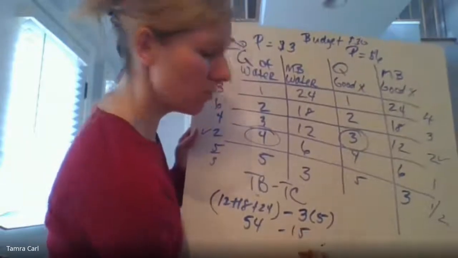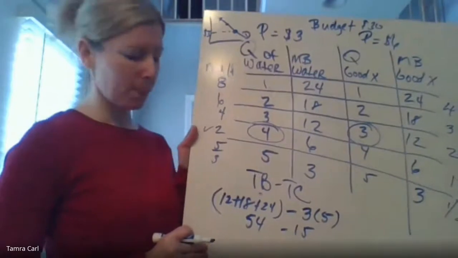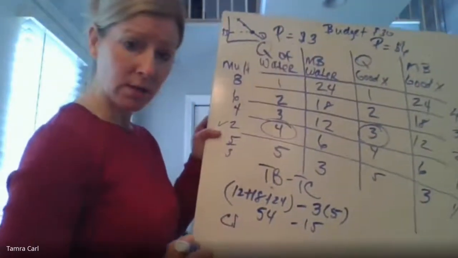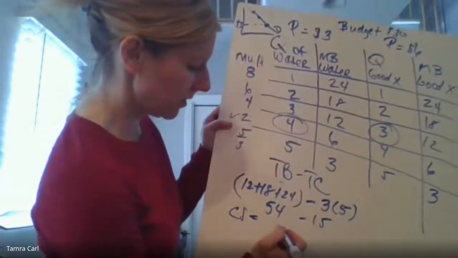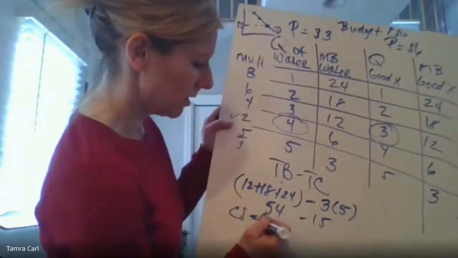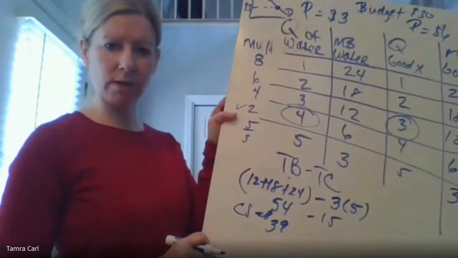So it's 54 minus 15. And so my consumer surplus is $39. Do you guys agree with me on that?